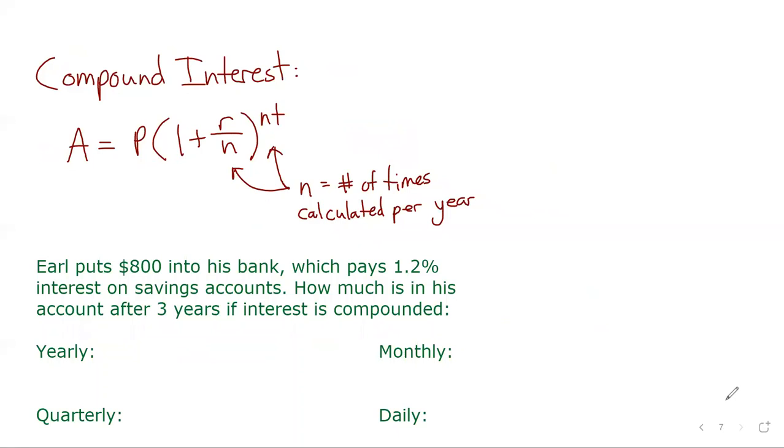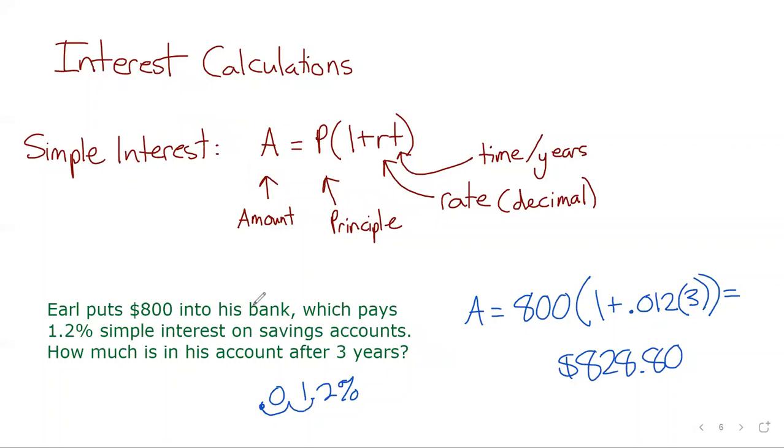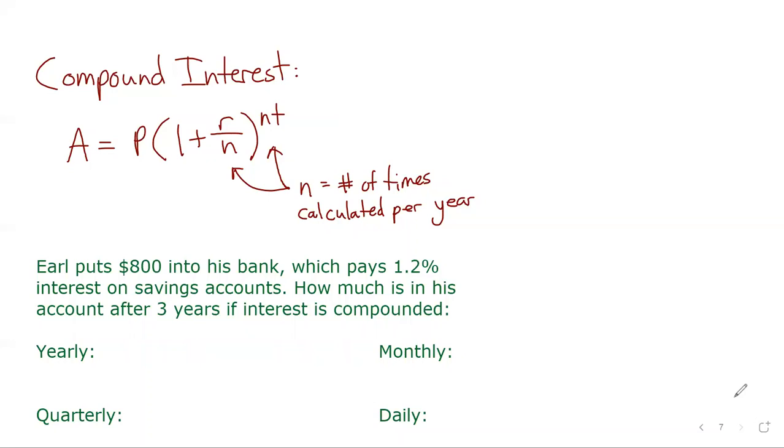Okay, let's move forward to the good stuff here: compound interest. Because simple interest is not actually how things work. We said in that last example, simple interest means the first year he gets 1.2% of the 800, and the next year he gets 1.2% of that 800. That's not how it works. The way these things work is, let's say, and I'll just use some easy numbers here, you invest $800 and you get 1% interest.